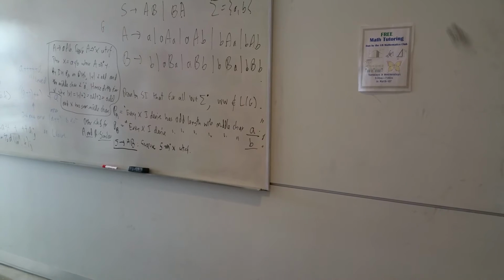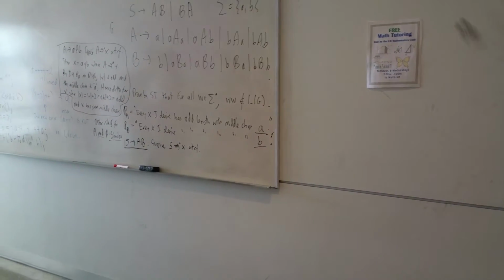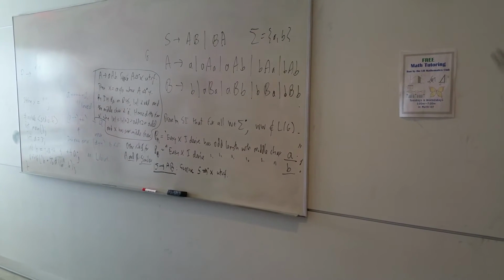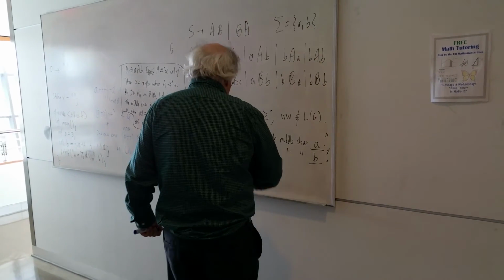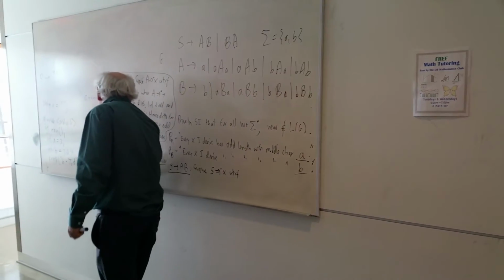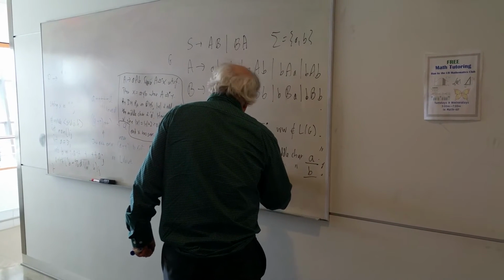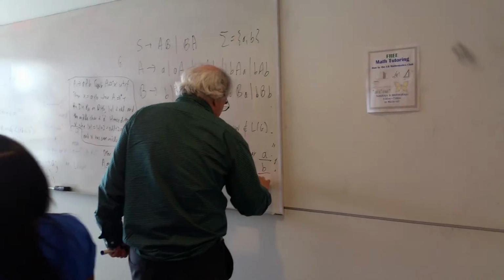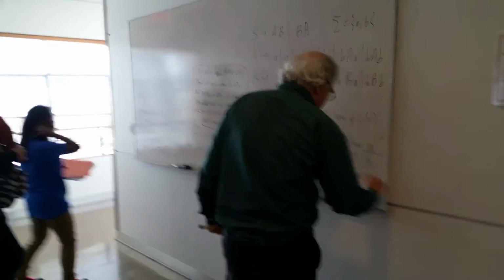And that's one of the nice things about having a proof script. If you follow the script, sometimes you'll have done so much of the proof that you'll suddenly realize, oh yeah, now I know what I have to prove. So let's just go into it. Suppose S derives star x using this rule first. Then x is equal to yz, where A derives star y and B derives star z.